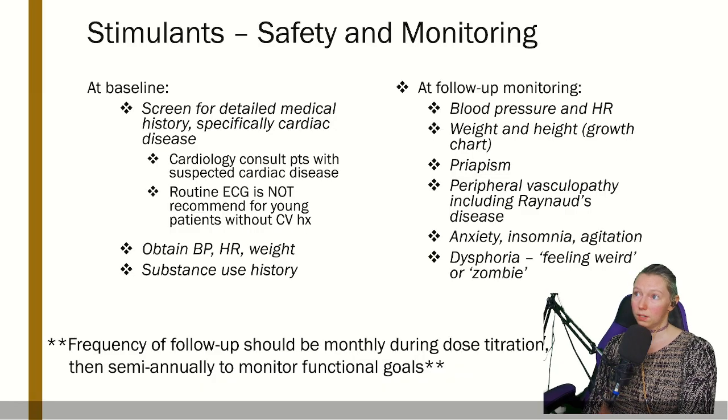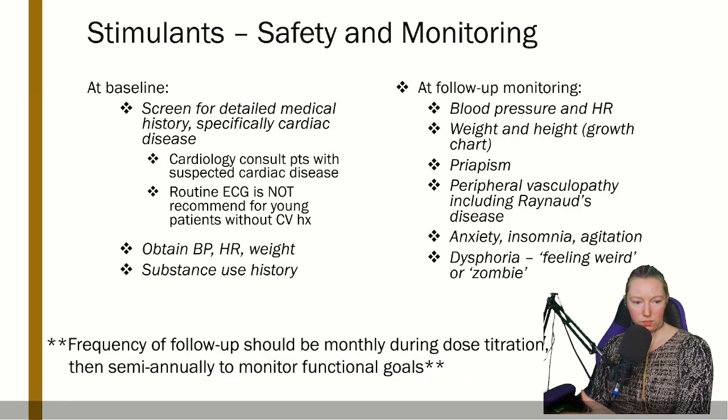So monitoring for the event of that happening. And then worsening or new onset peripheral vasculopathy like Raynaud's, changes in things like difficulty sleeping, agitation, irritability, anxiety, or that other side, right? That feeling kind of weird, zombie type feeling, okay?